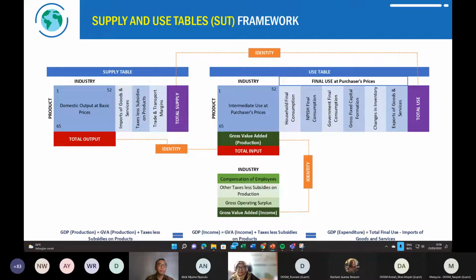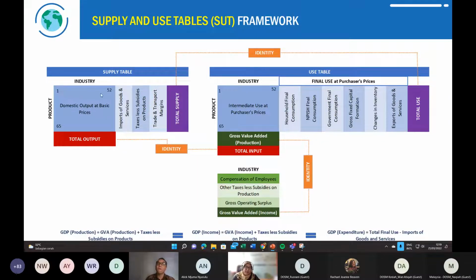The first step is to compile the supply and use framework. We know that supply and use consists of the supply table and the use table. In this framework, the dimensions for domestic output and the intermediate use matrix are not square but rectangular.